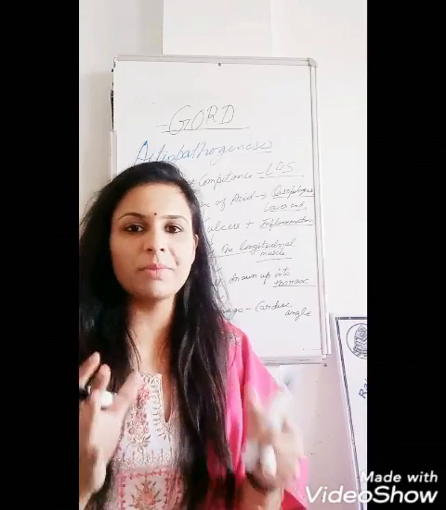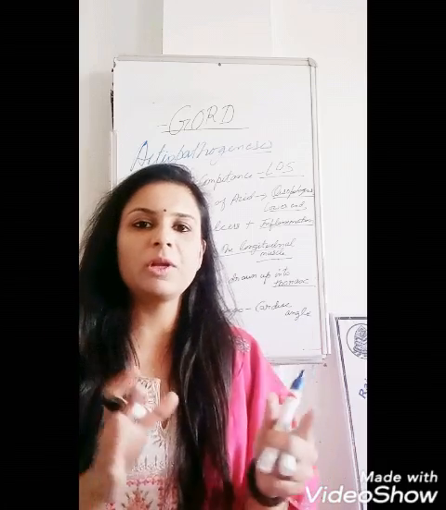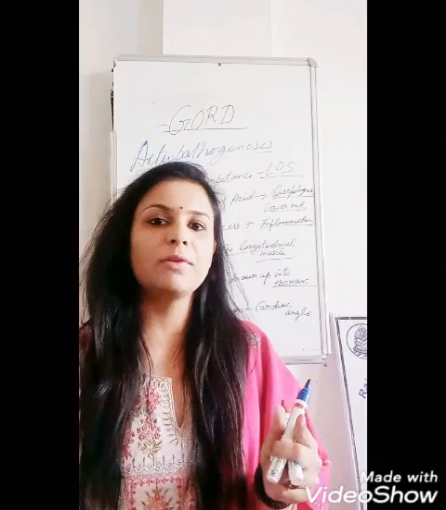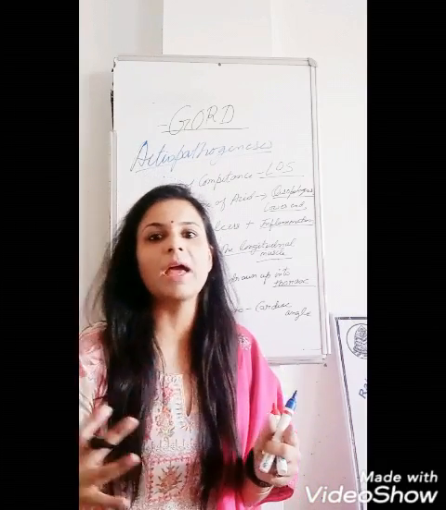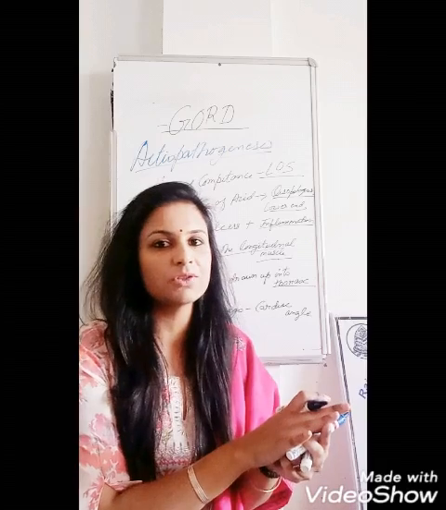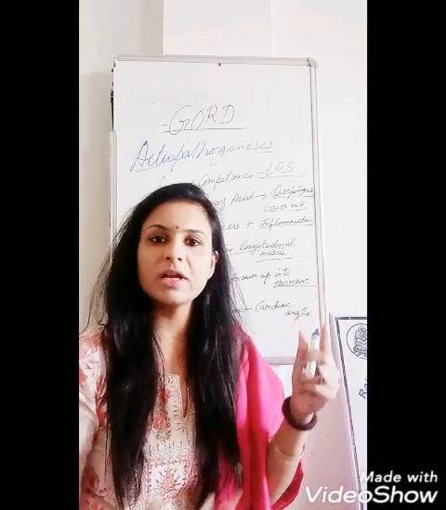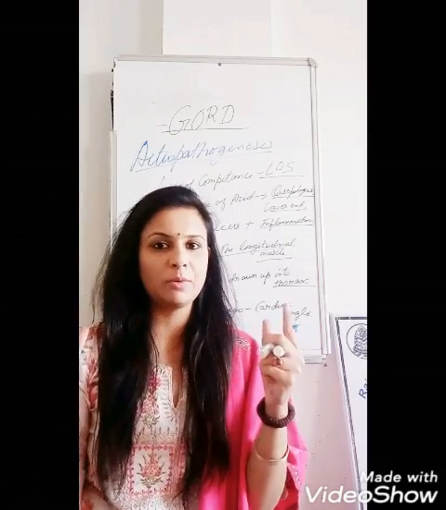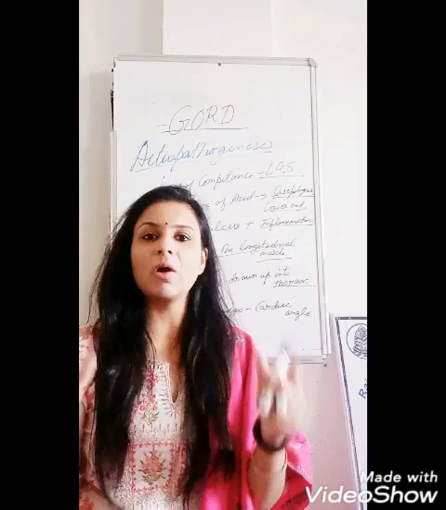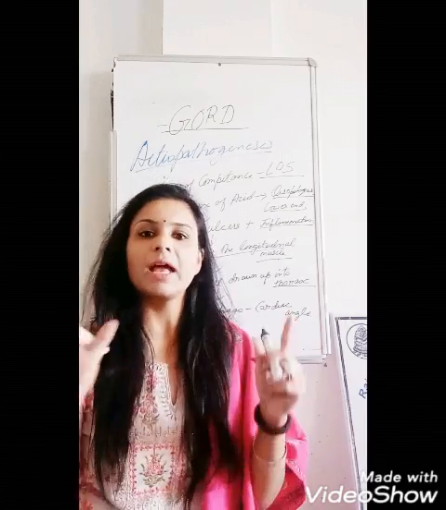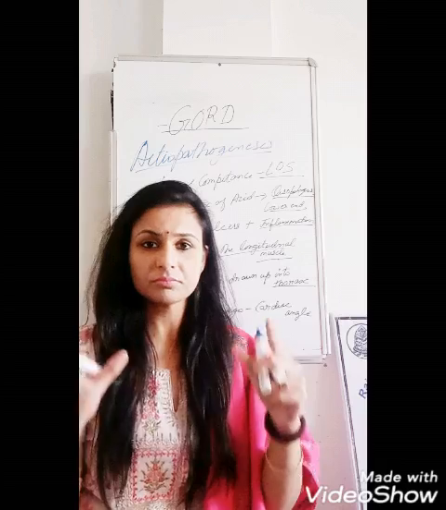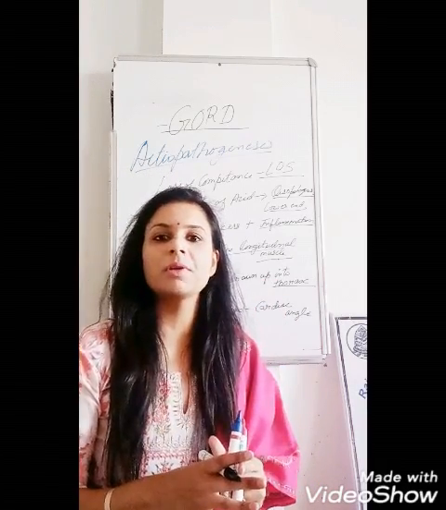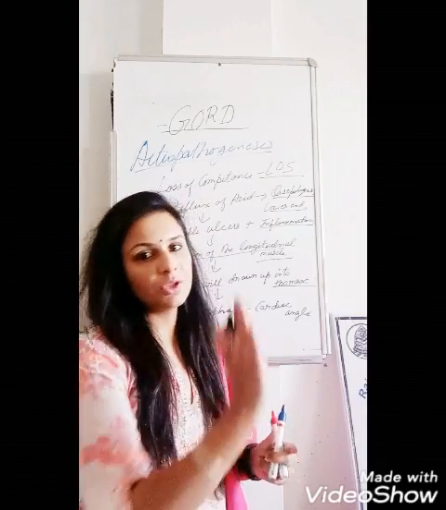So I am just repeating, listen again. There will be loss of competence of the lower esophageal sphincter, and then there will be reflux of acid from the stomach back into the lower end of the esophagus, and that acid will cause erosion and irritation of the mucosa, and there will be multiple ulcers formed along with extensive inflammation, and then it will lead to spasm of the longitudinal muscle, and that spasm will draw up the cardia into the thorax.